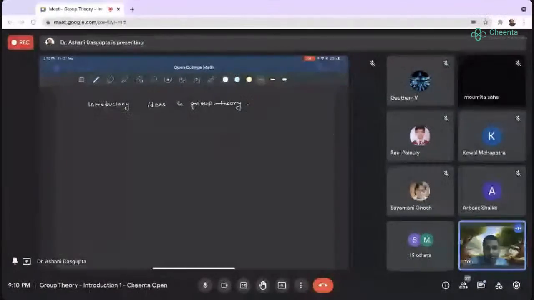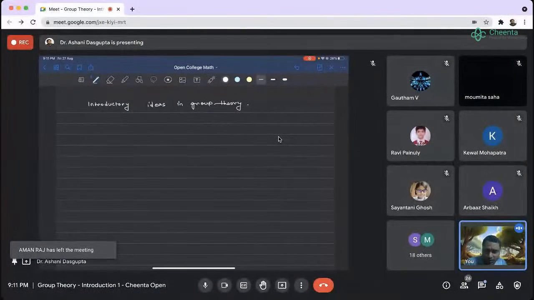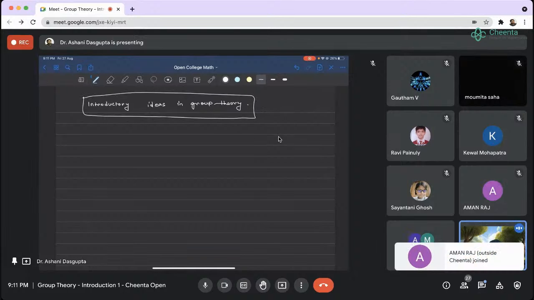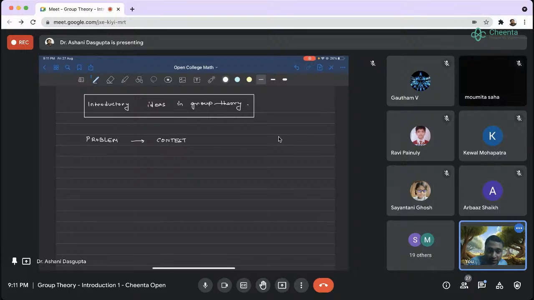The method we will use today, as in other Cheenta programs, is to go from problems to concepts. So we will start right away with a problem, and then discuss some of the concepts that are useful to solve it.